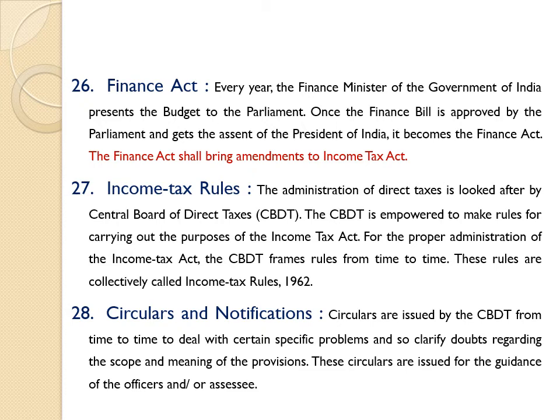Next, income tax rules. The administration of direct taxes or income tax is looked after by the Central Board of Direct Taxes, that is CBDT. The CBDT is empowered to make rules for carrying out the purposes of the Income Tax Act.